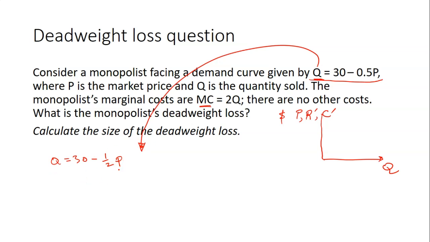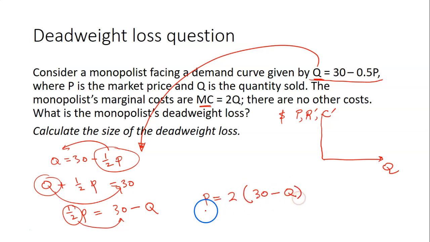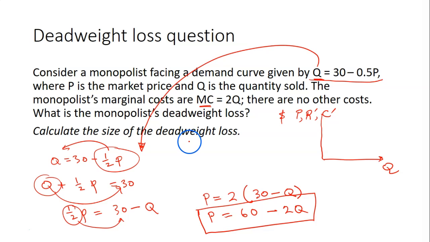We want to put P on the left hand side, Q on the right hand side. That is the form in which we want our demand curve to be expressed.